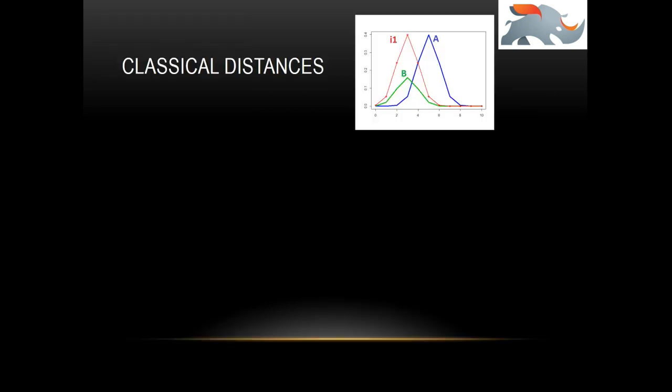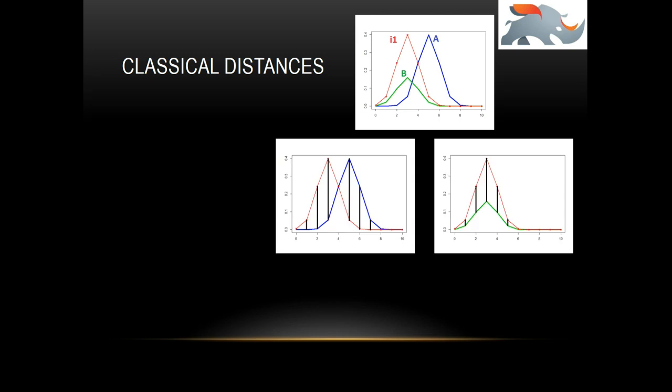Let's take an example. We want to cluster the three curves, and we want to know if I1 is closest to A or to B. If you use Euclidean distance, we can compute it. It's quite easy. I1 is far away from A, and I1 is close to B. So they will be put in the same cluster.